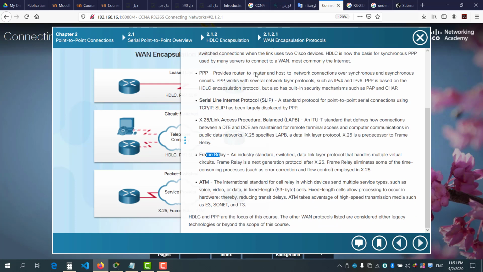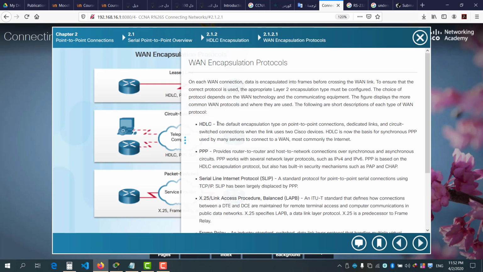But we conclude, after we discuss each one of them, that in this course, and exactly in this chapter, we focus on only two protocols used in WAN, which are HDLC and PPP.